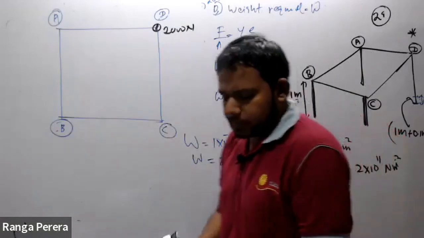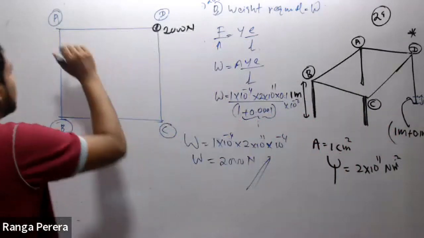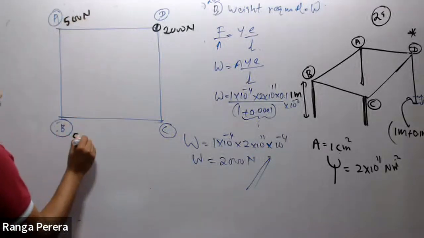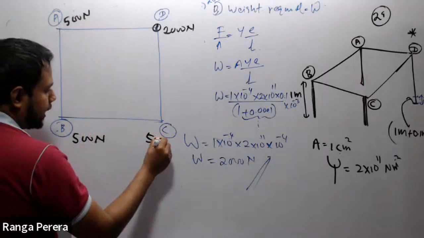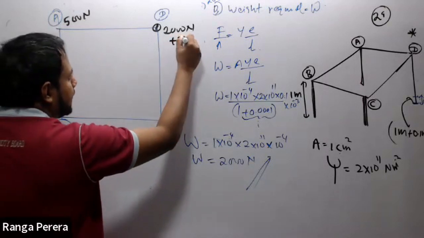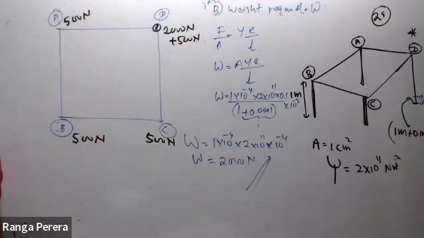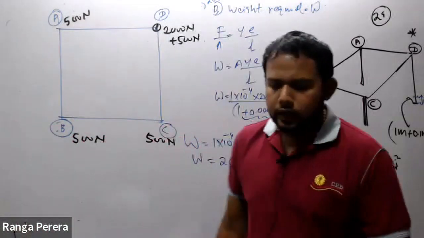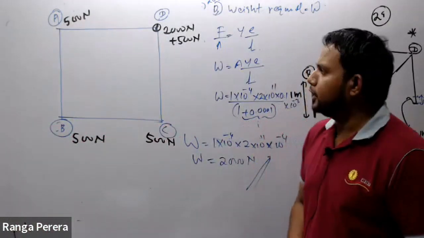I will place it equally on the 4 legs: 500 Newton, 500 Newton, plus 500 Newton. Are you clear with that? Fine.